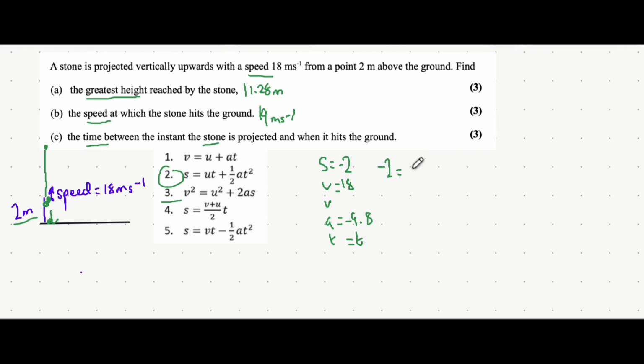So s is equal to 18t plus a half of a, which is a half of minus 9.8, so that's minus 4.9 t squared. Let's take everything to the left hand side, so it's a positive t squared term. 4.9 t squared minus 18t minus 2 equals 0. And then from here you can just use the quadratic formula.